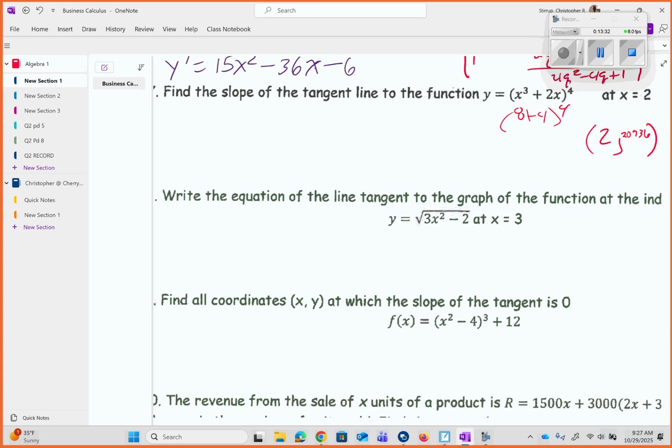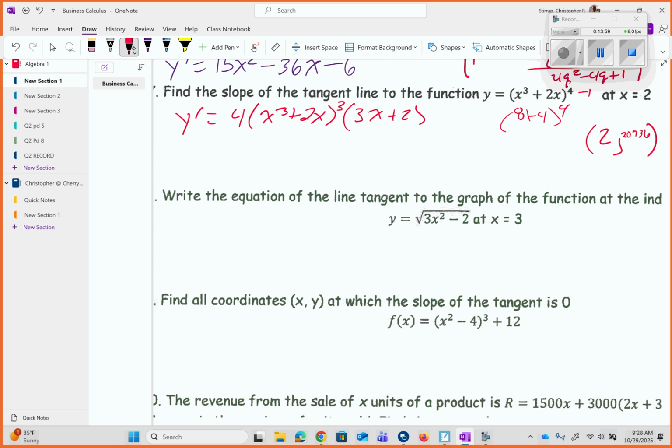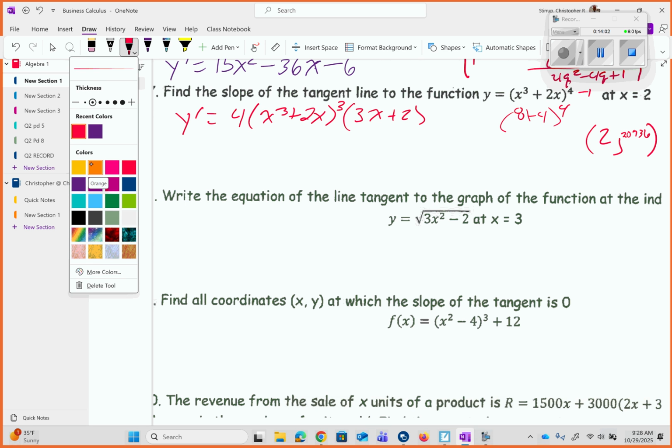Then we can go ahead and find the derivative. So we're going to bring the 4 down front, and then we'll subtract 1 from that, and then I'm going to get x to the 3rd plus 2x, and it'll be raised to the 3rd, and then do the derivative of the inside. Derivative of the inside is going to be 3x plus 2, and then we want to plug 2 into that. Let's go with blue.